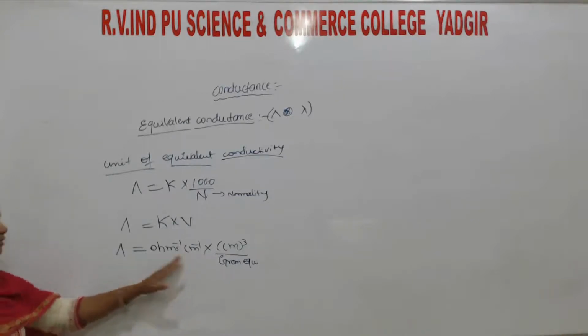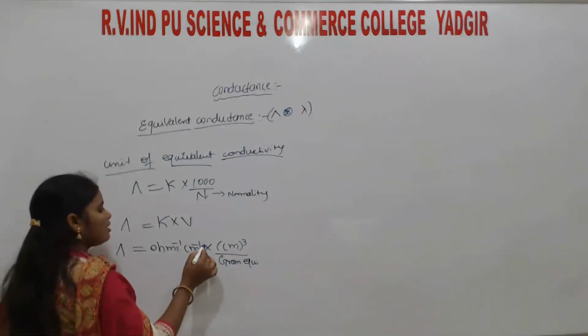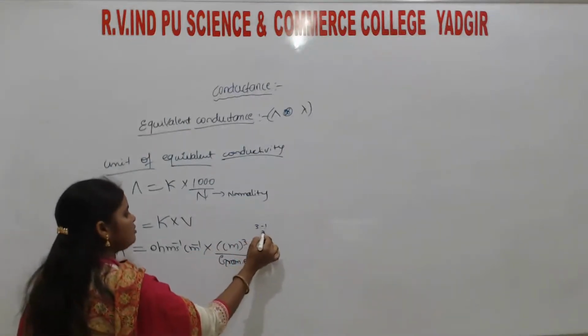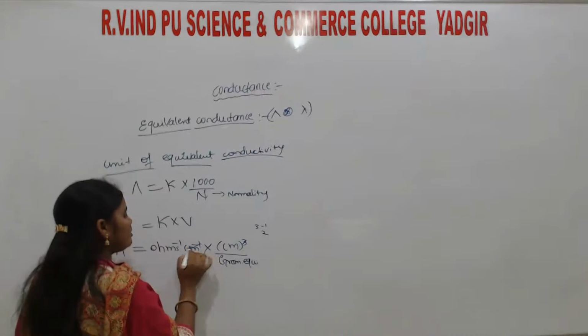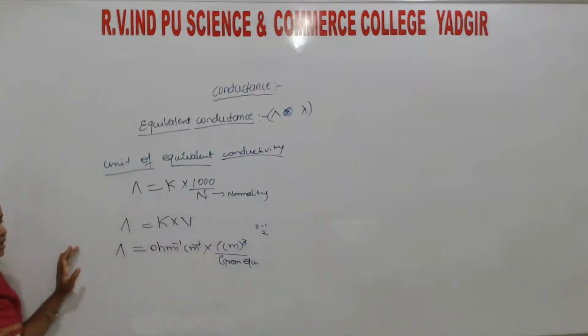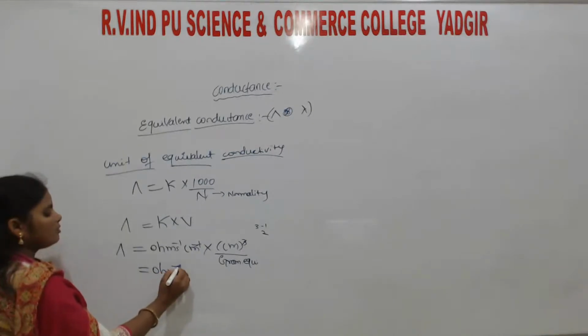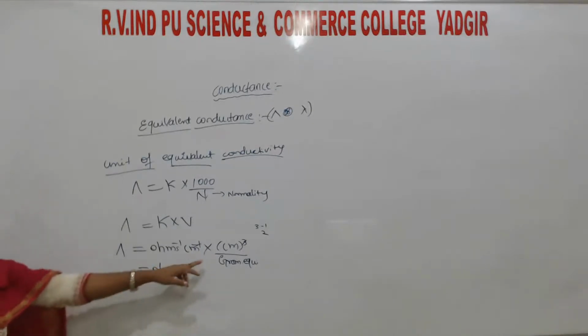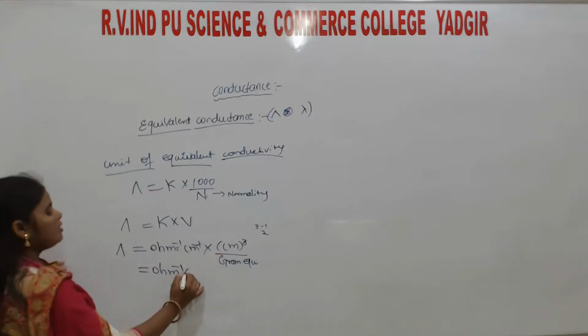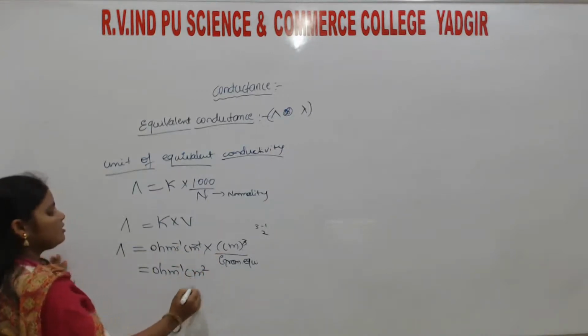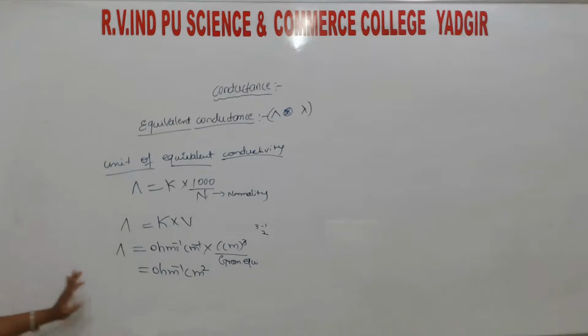Therefore, the equivalent conductance unit is per ohm per centimeter, and here per ohm per centimeter means 3 minus 1, here 2. Therefore it is equal to per ohm, centimeter square remaining, and gram equivalent per gram equivalent, or per equivalent.